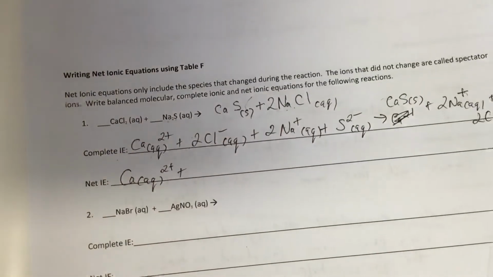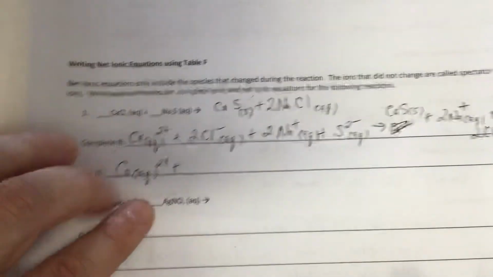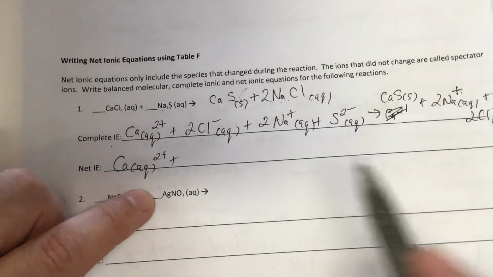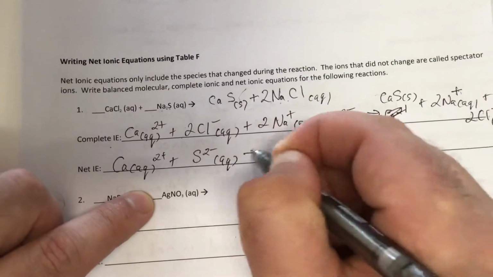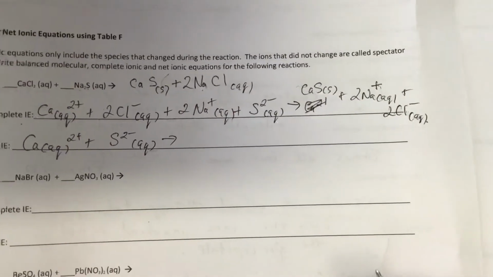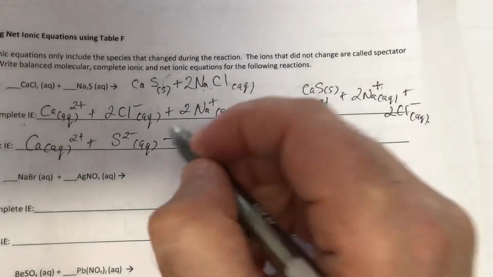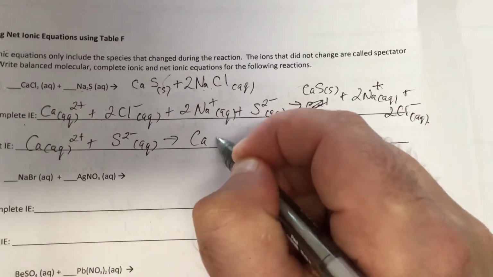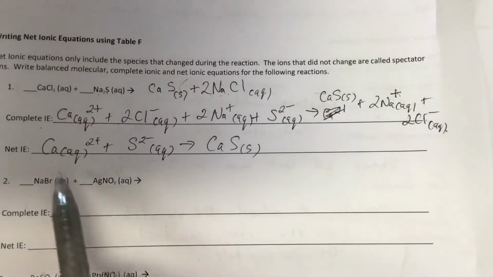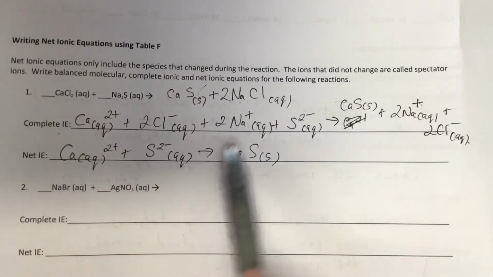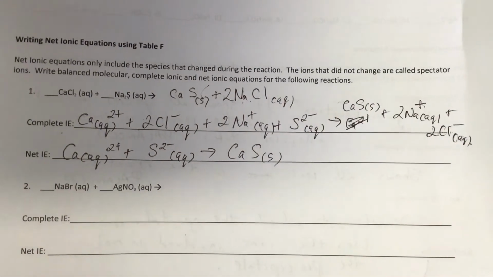Sodium is on both sides, not involved, so we don't have to worry. Sulfur, we need to write it. 2 minus aqueous makes calcium sulfide. Now, it should be balanced too at the end. If not, you've done something wrong.